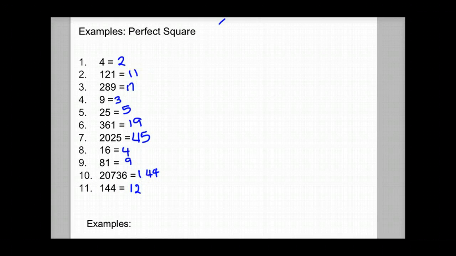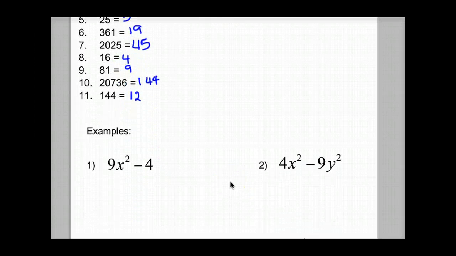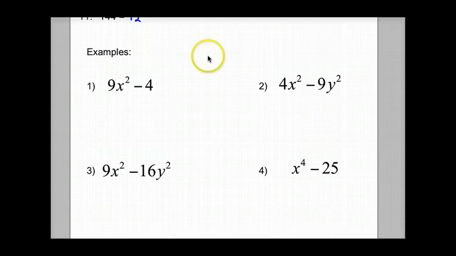Alright, so now that you've learned to use the square root on your calculator, we're going to go into some examples. So the first thing I want to do is ask, is the first term a square? If I take the square root of these numbers, I'm going to get 3 squared x squared minus 2 squared.